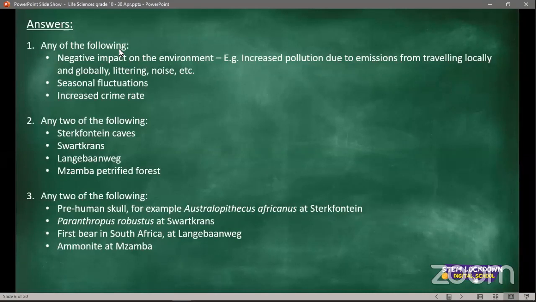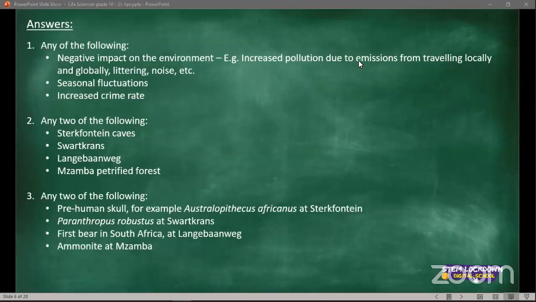There's littering, there's noise pollution, etc. And the other one, I mentioned seasonal fluctuations. By seasonal fluctuations, I mean that, yes, we said that fossil tourism creates jobs, but they come seasonally and they do not pay that well.